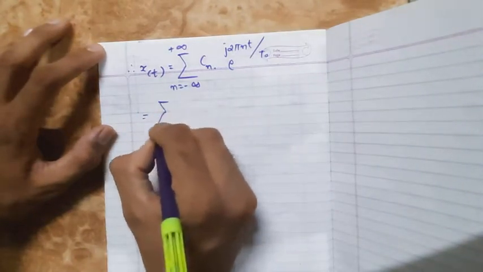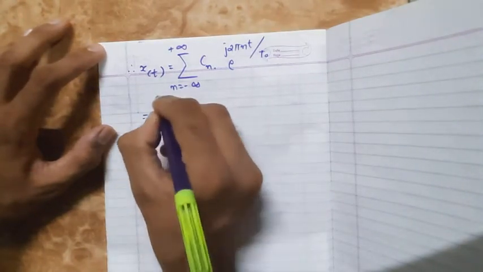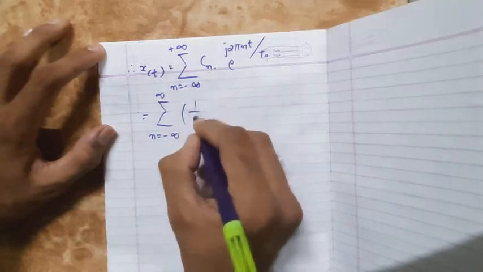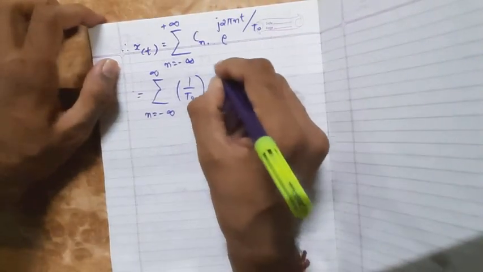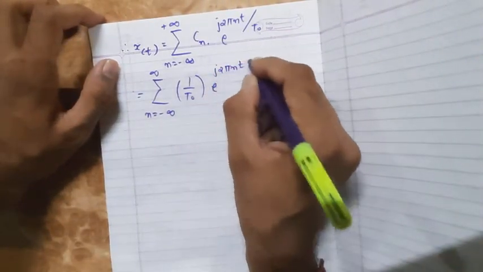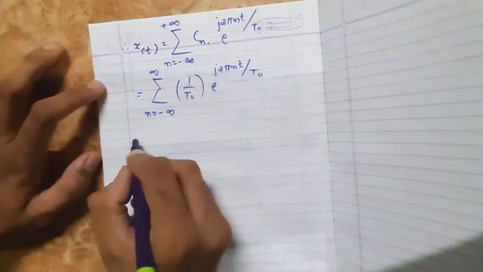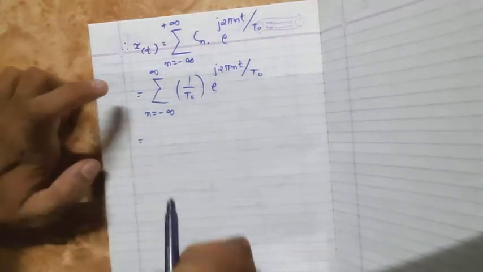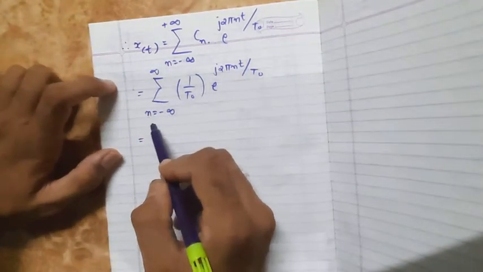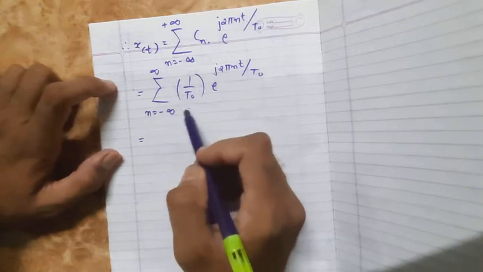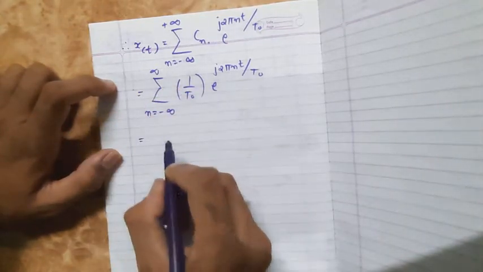So it will become sigma from negative infinity to infinity of C of n. We already calculated it is 1 upon T0, and you will have e to the j 2 pi n t by T0. Now the variable for the sigma is n, so you can take 1 upon T0 as a constant outside of the summation sign.